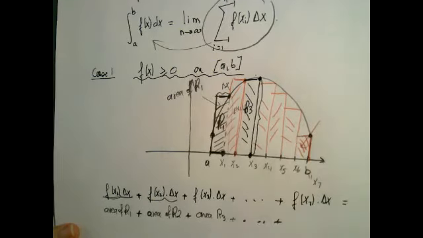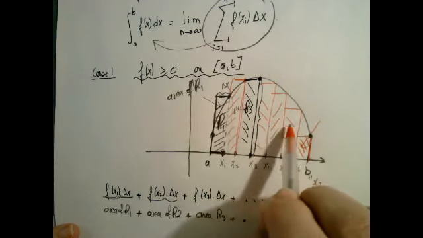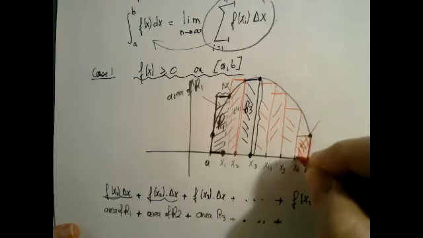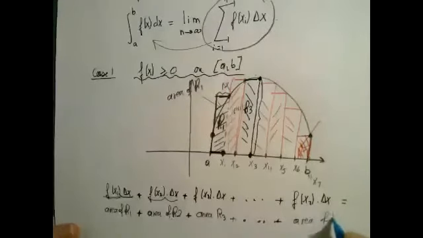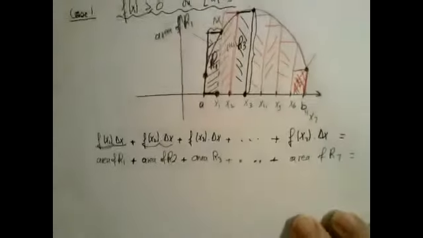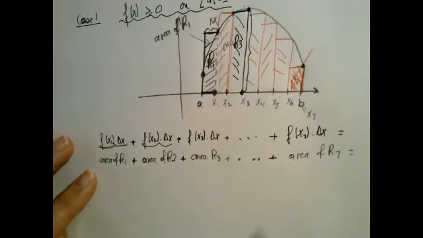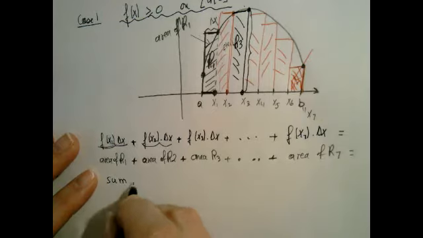According to my notation, this will be R1, R2, R3, R4, R5, R6, R7. So this is R7, plus the area of R7. I took 7 subdivisions so I can draw the picture. So the Riemann sum in this case represents the sum of the areas of the rectangles.